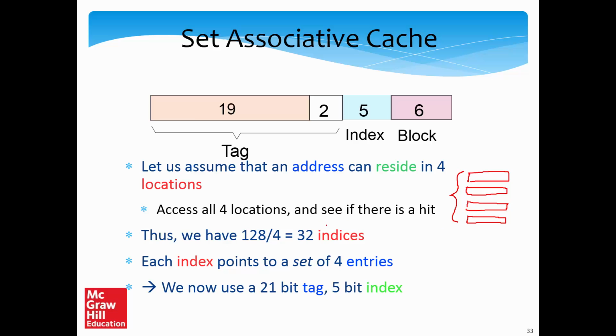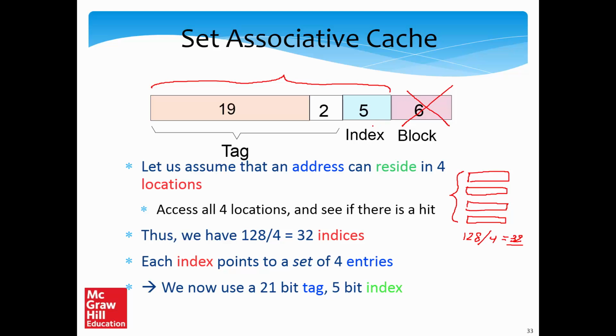So if we create such 4 entry sets, how many sets will we have? We'll have 128 divided by 4, 32 sets. So the logic is as follows. We first consider the block address part, the part that determines the addressing of the block, and the lower 6 bits, of course, we will discard.